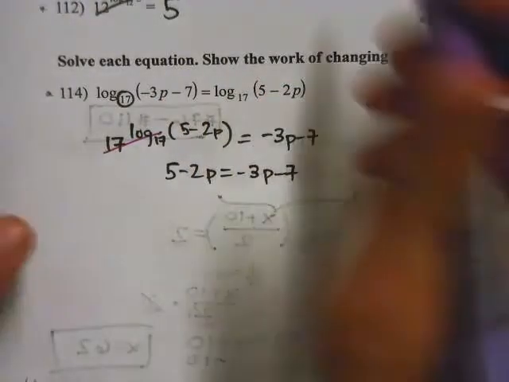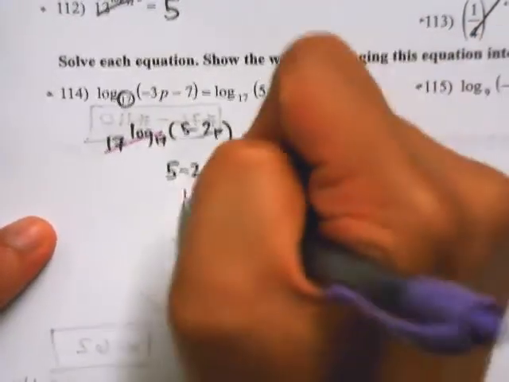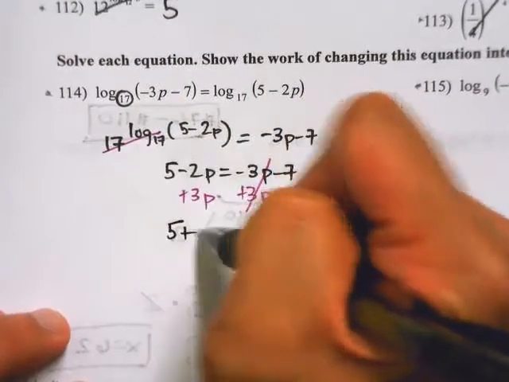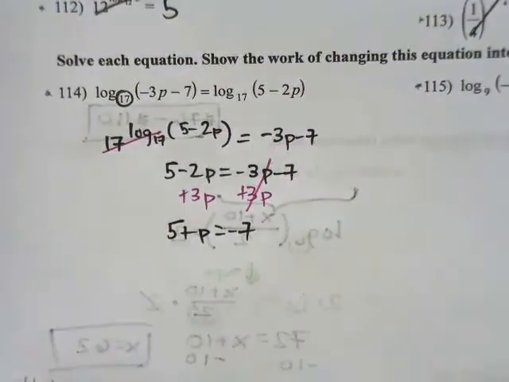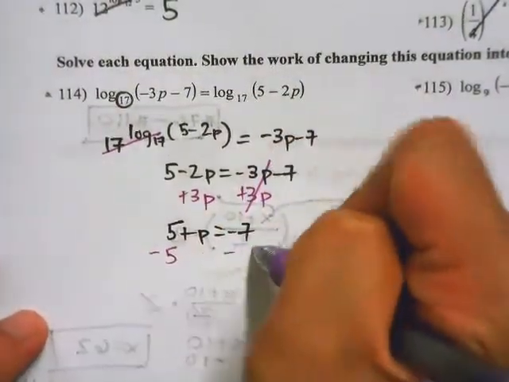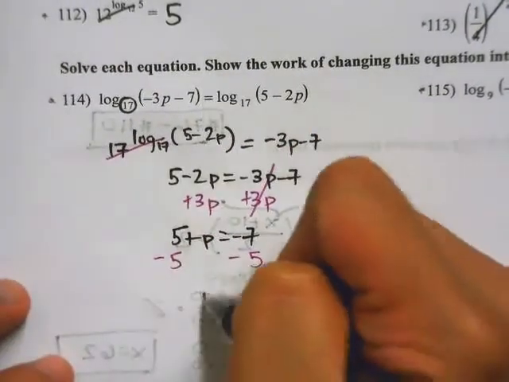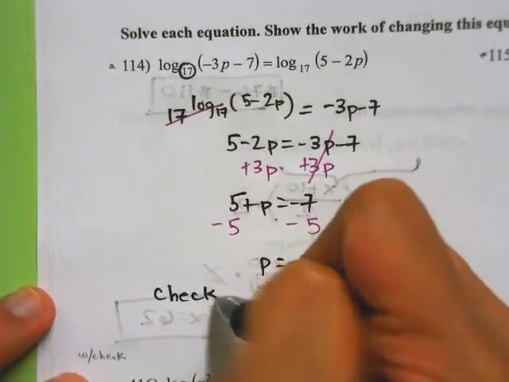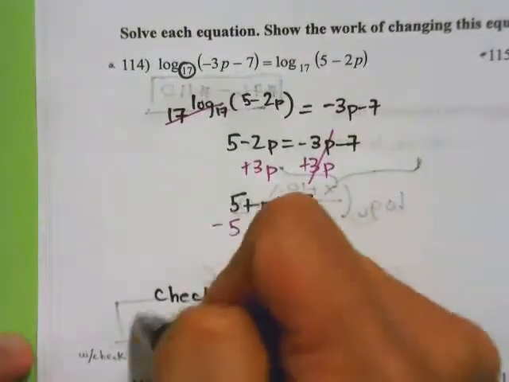Let's just solve a couple. Plus 3p, this is going to be 5 plus p is equal to negative 7. We're going to subtract 5 on both sides. p is equal to negative 12. Let's check to make sure this is not going to be negative.